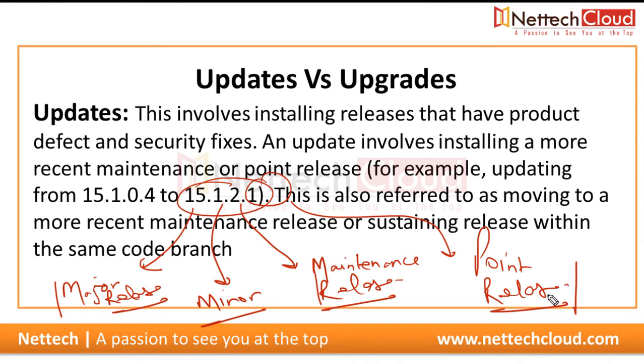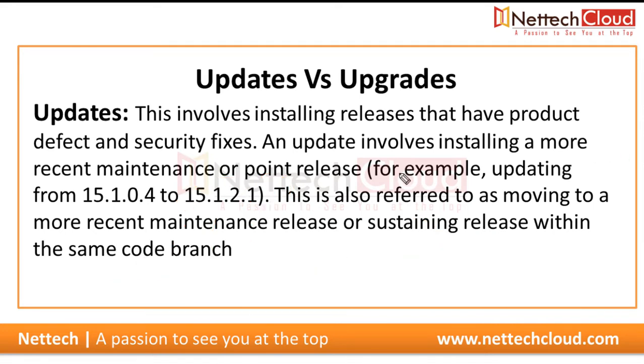A point release is a full release that addresses product defects. So if we are updating only the maintenance or point release, that is an update, not an upgrade, because we are not upgrading major or minor versions.